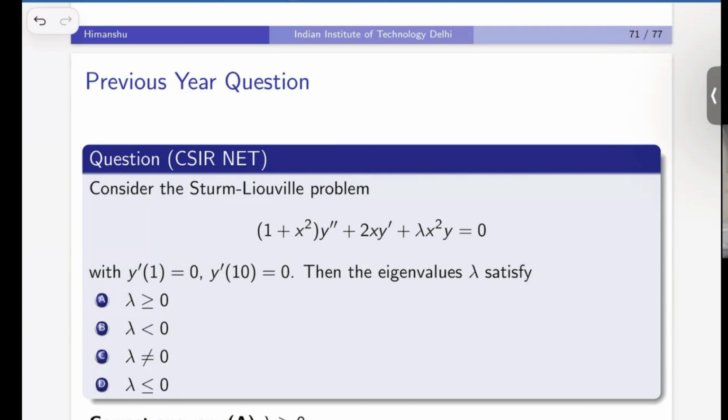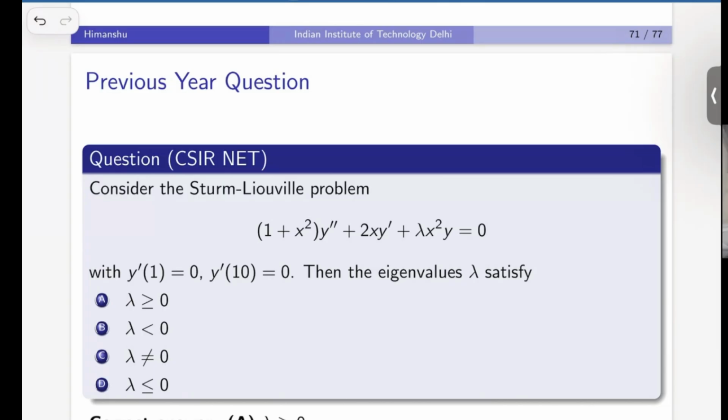So the question is, consider this Sturm-Liouville problem: (1 plus x square) y double dash plus 2x y dash plus lambda x square y equals 0, with y dash 1 equals 0 and y dash 10 equals 0. Then the eigenvalue lambda satisfies which option? Since it's a Sturm-Liouville problem, it's a self-adjoint differential equation, so the eigenvalues are always real.